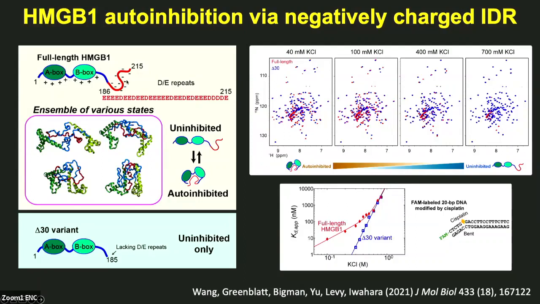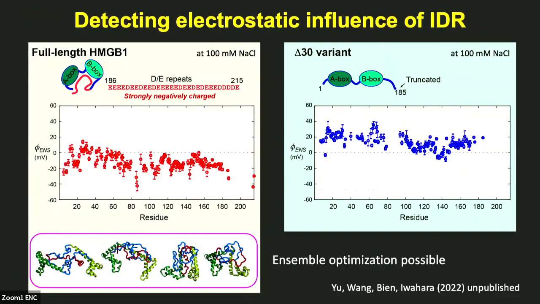But this auto-inhibition doesn't cause a static structure. Even within the auto-inhibited state, the structures are quite dynamic, and we would like to know an electrostatically reasonable structure ensemble for this system. And for that, we used the phi-ENS method, and these are data for the full-length HMGB1 and the truncation mutant that doesn't have the negatively charged C-terminal tail.